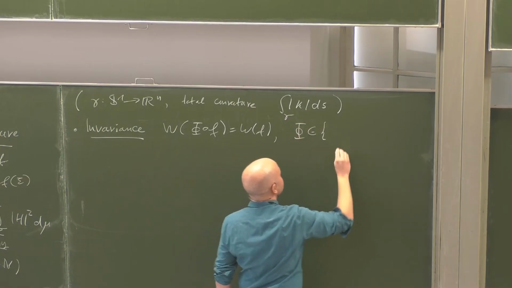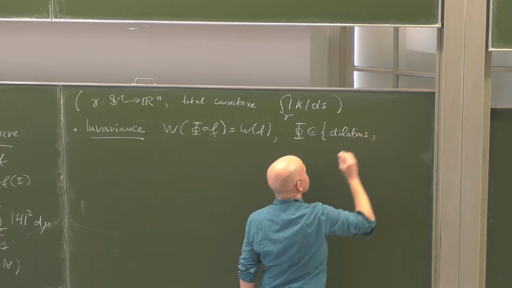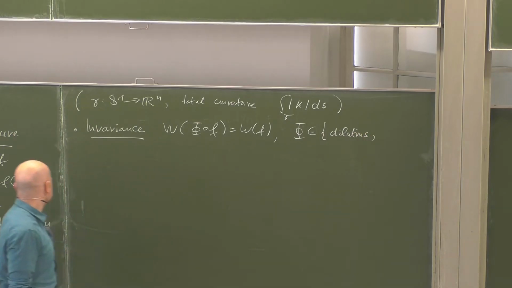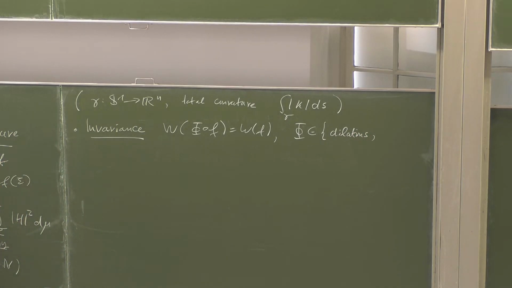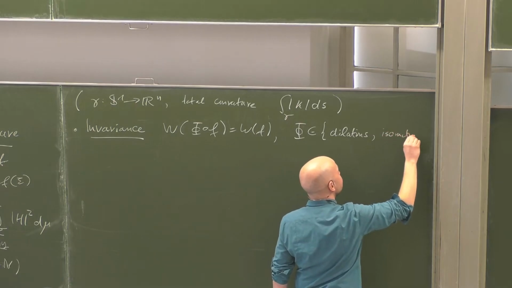I've already said that here we do include dilations. So if we dilate the surface, the mean curvature will scale like 1 over the factor. The area element will scale like the factor squared, so this is cancelling. We have this invariance. Of course, we also have invariance with respect to isometries.